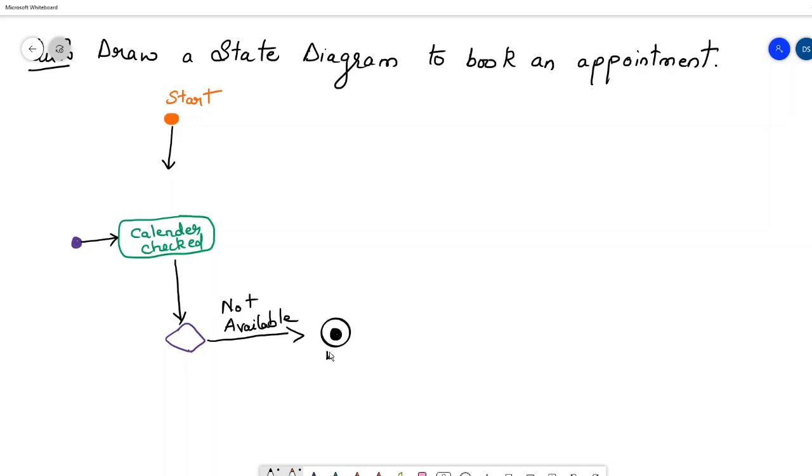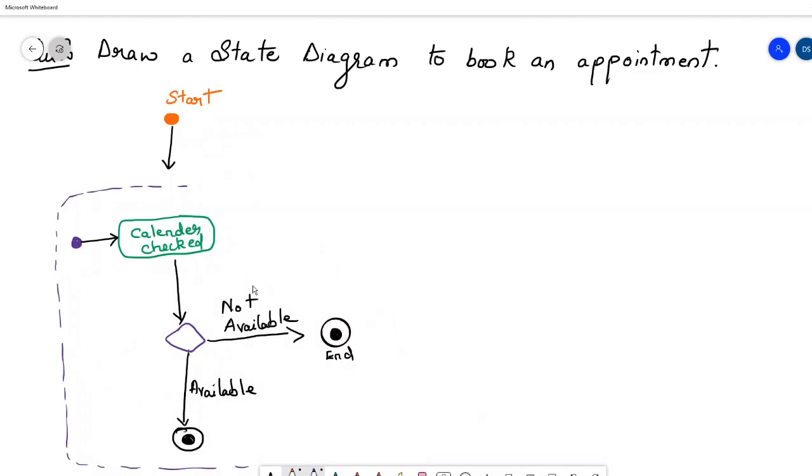And if the date is available, the appointment would be confirmed. So we can take this as a single process like this.